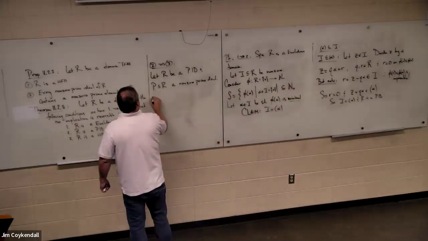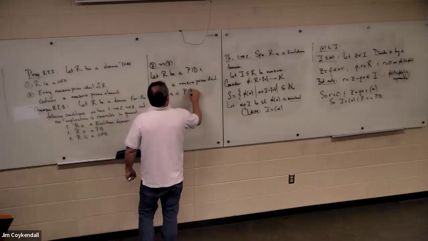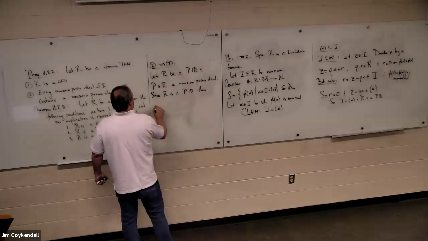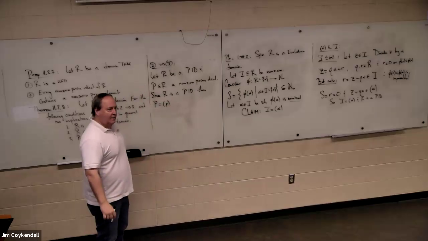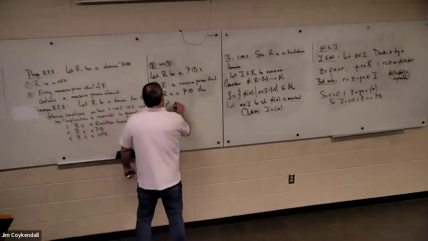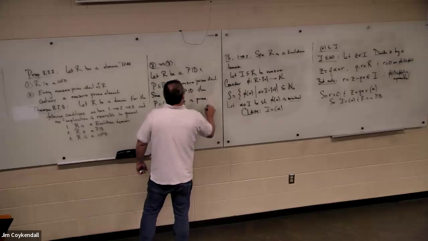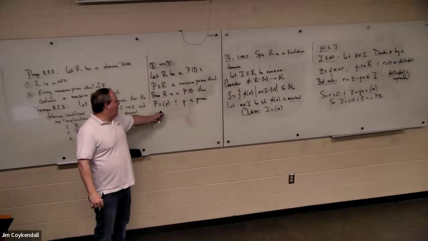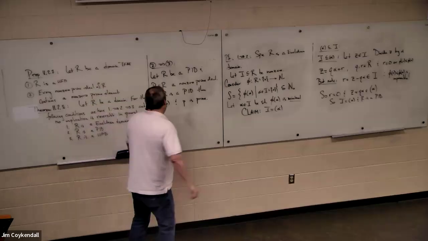Since R is a PID, (p) is generated by some little b. Everybody agree with that? This is a theorem that we had a little bit earlier, that an element is prime if and only if it generates a prime ideal, right? So this non-zero prime contains a non-zero prime element.